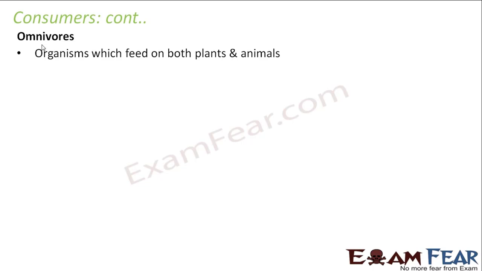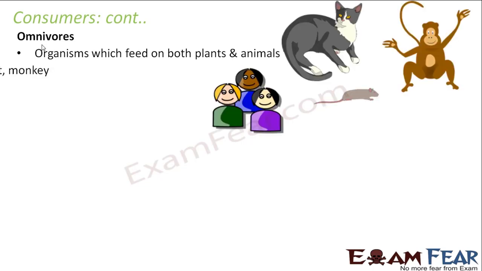That is, there are many human beings who do not feed on anything other than plants. So they are herbivores. But human beings in general, since we have many who eat flesh, we are considered capable of eating both plants as well as animals. So they are termed omnivores.